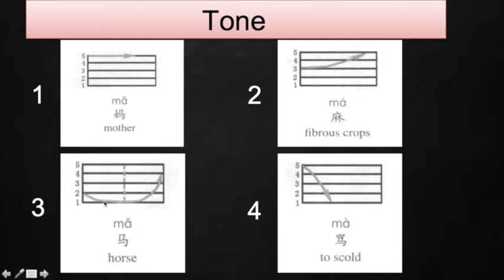And the fourth tone falls from the highest to the lowest, which means from number 5 to number 1. Repeat after me. Ma, ma, ma. Okay, so one more time, let's practice it together, and I want you to repeat after me.